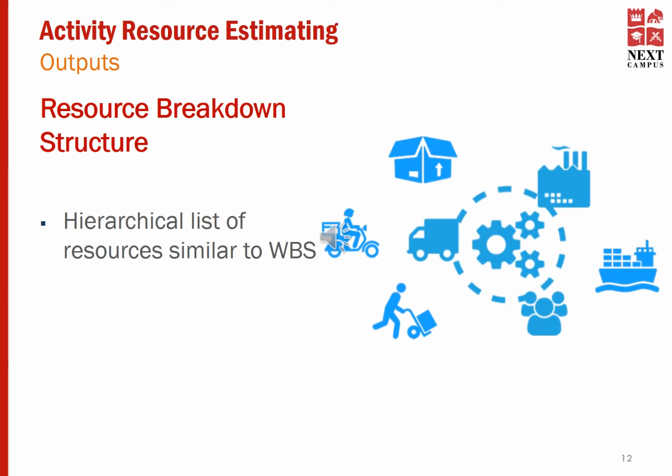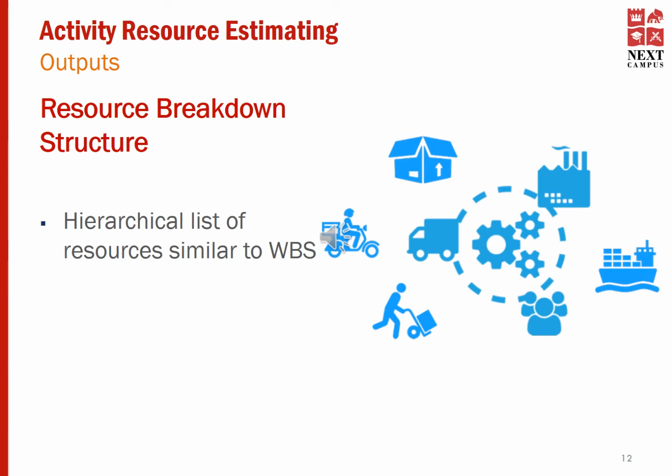Another output of the activity resource estimating process is the resource breakdown structure. In the previous tutorials, we already discussed in detail the resource breakdown structure. To summarize, a resource breakdown structure is a hierarchical list of resources involved in a given project context.